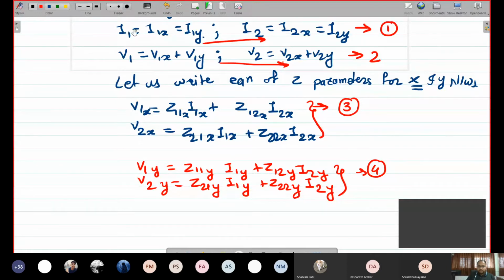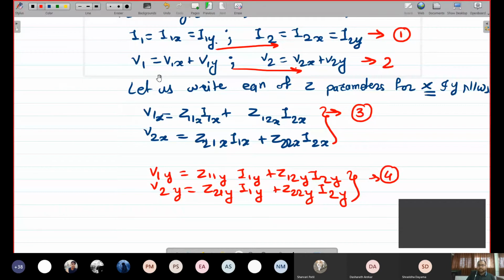Let us use equation number 2, that is V1 is equal to V1x plus V1y, and let us put whatever these V1x and V1y equations are into this final equation. Okay, so let us take this. V1 is equal to V1x plus V1y. It is very simple.